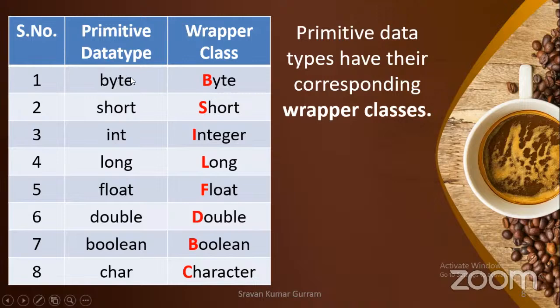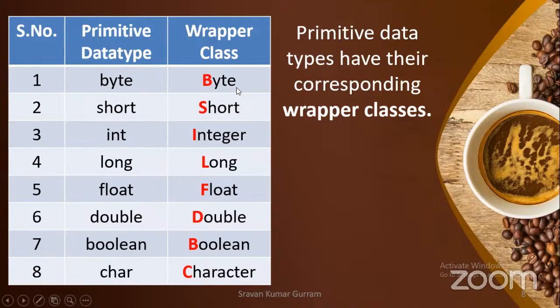Byte is a primitive data type. The wrapper class for this data type byte is Byte also, but the difference is the first character should be in capital letter. Observe here. Same name, but this is the class name.